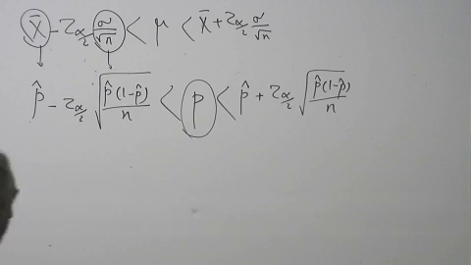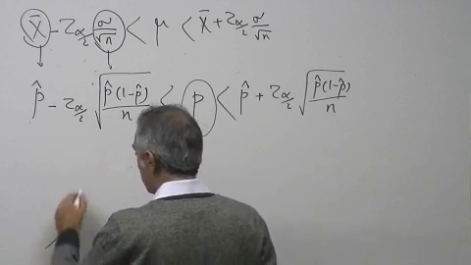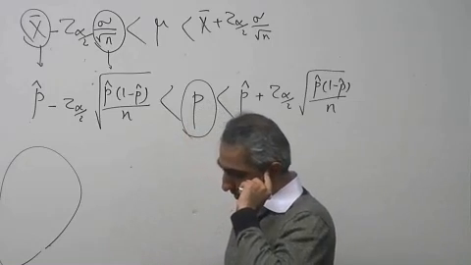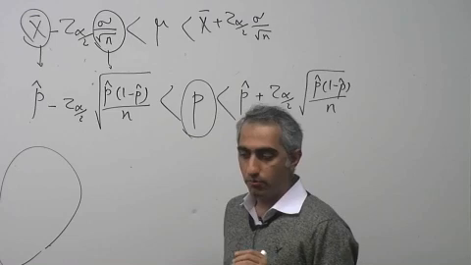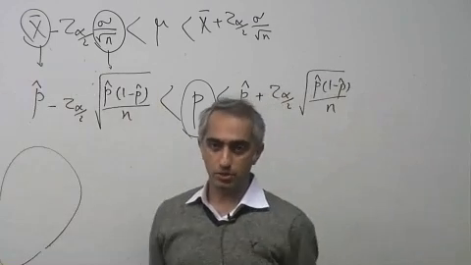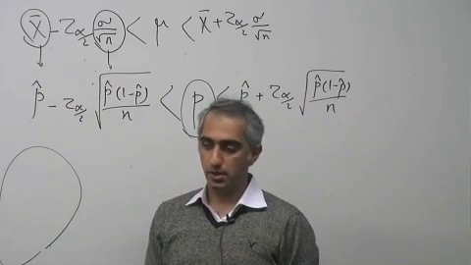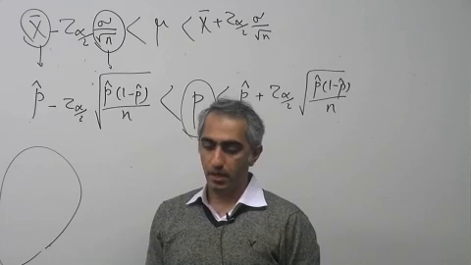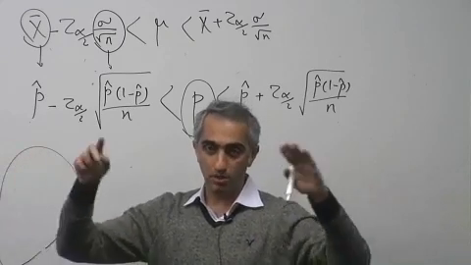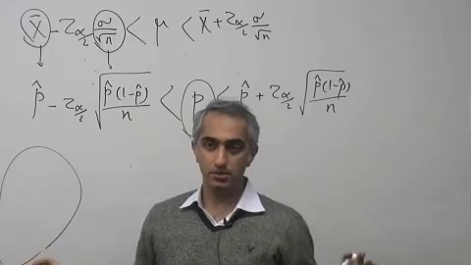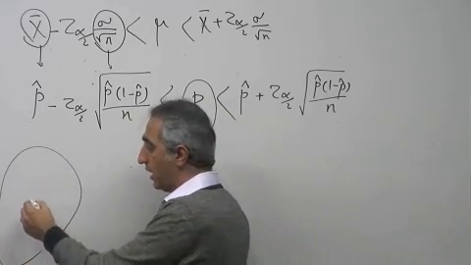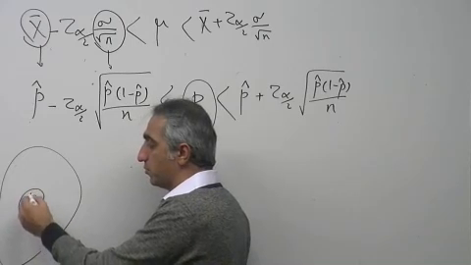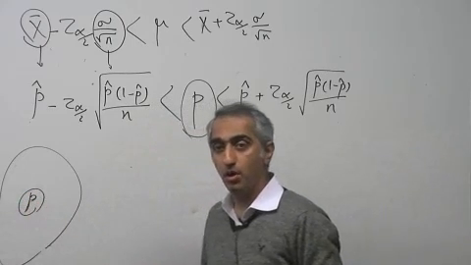So let's say you are talking about the percentage of non-conforming items in a population. Okay, so you have a lot of parts, like 10,000 of them, or a million of them, and you want to see what is the proportion of non-conforming parts.